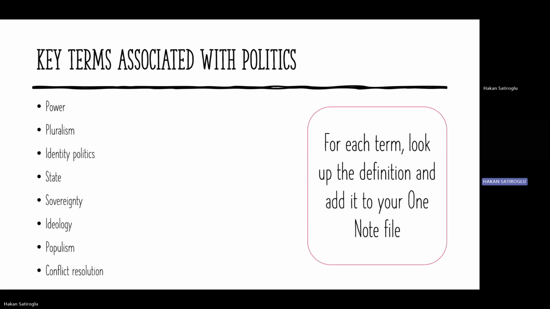And ideology: how do political ideologies influence business regulations? Maybe neoliberalism, maybe protectionism, maybe sustainability, maybe populism. Sometimes how governments approach conflicts and navigate them is really important. Maybe sometimes they take a win-win approach.